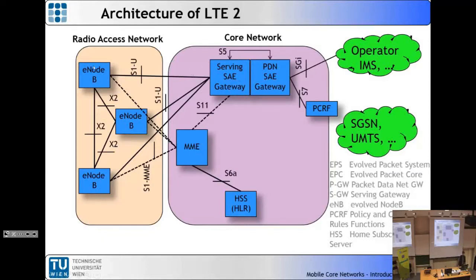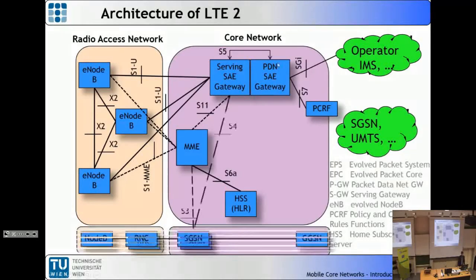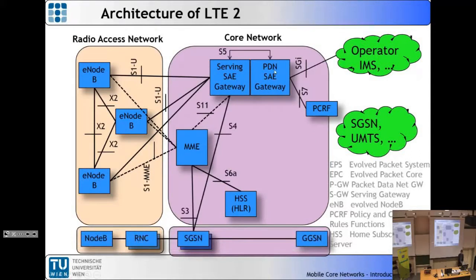What has changed is we just have two nodes left, and the node that processes all the data flow, so that needs to be actually high throughput, has nothing to do with the node that has to take care of all the user state information and the mobility. Still, we have the radio access network as before, and we have the core network element part here as before. What would you do if you have UMTS, GPRS, any kind of other network?